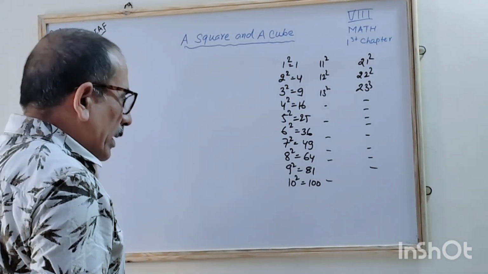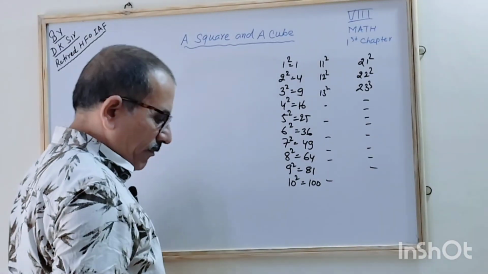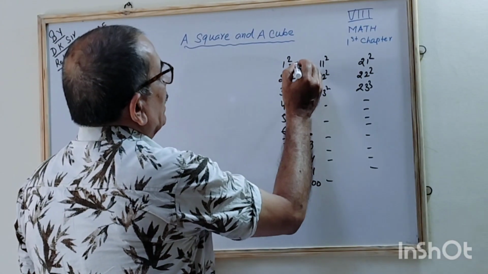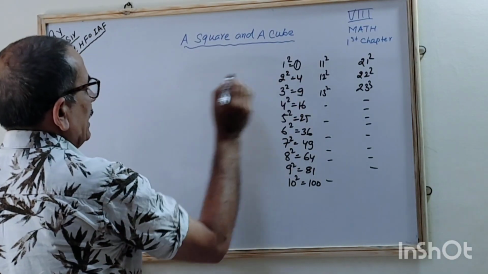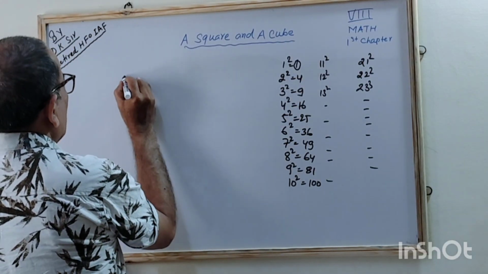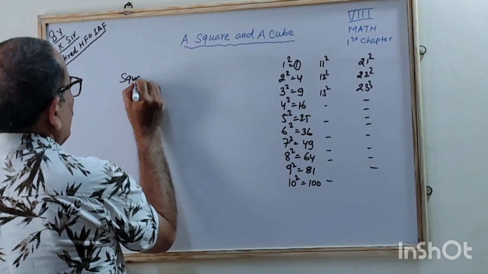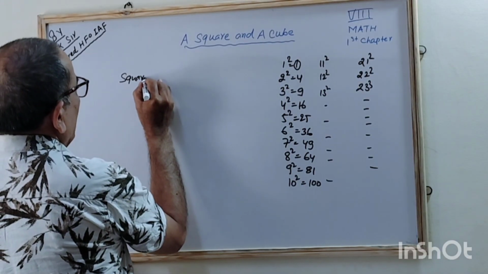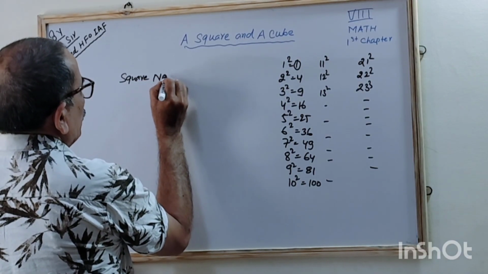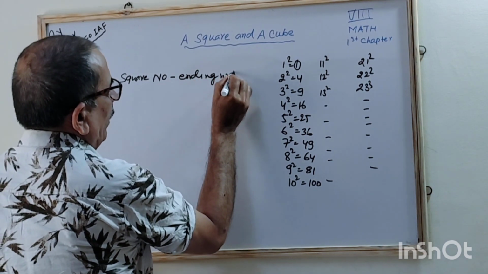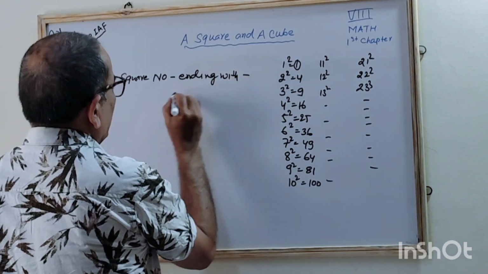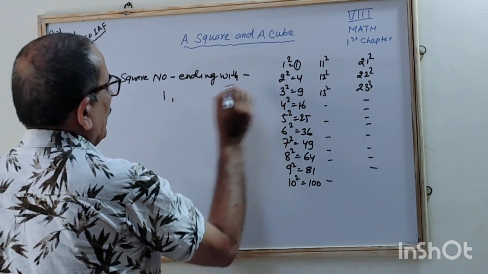Okay, so in that, what we see is the ending. All the squares are ending with certain digits. In a square number, can you find out what it is ending with? It is 1, correct? It is 1. It is 4.